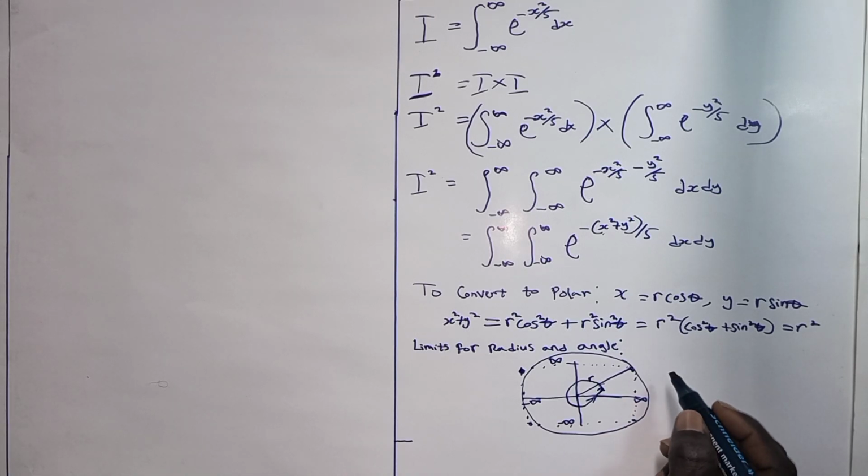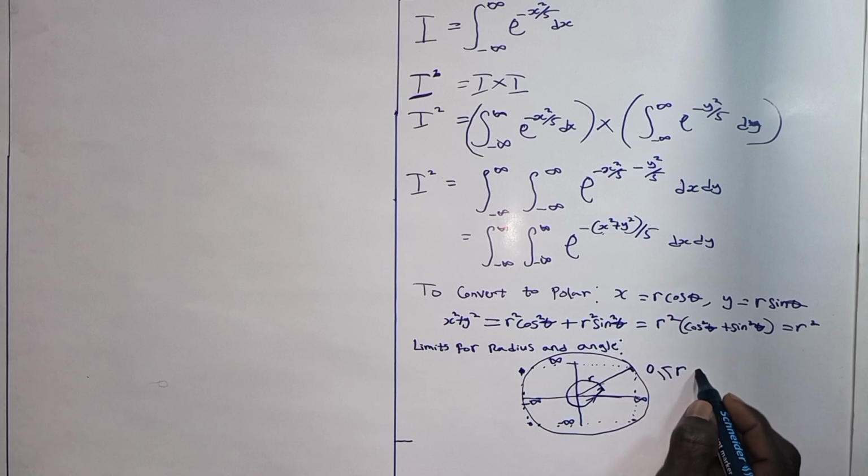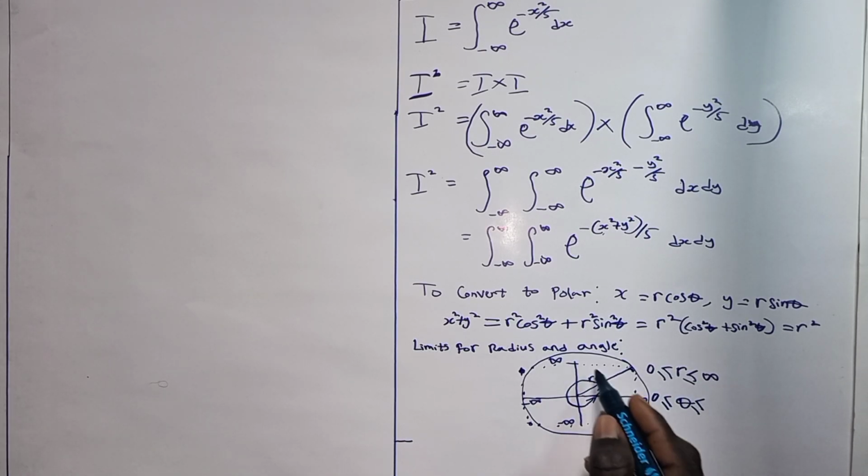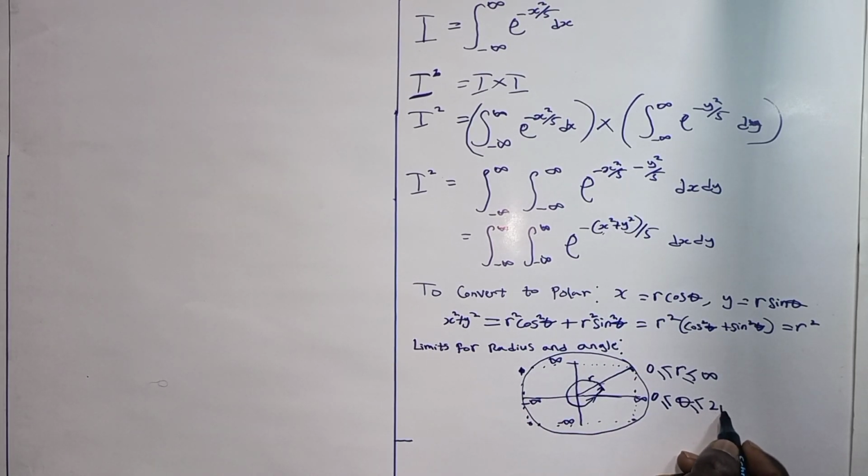So from this we can see our radius has this limit. Then our theta starts from 0, and it's a full circle. For the whole axis, it's going to be 2 pi.